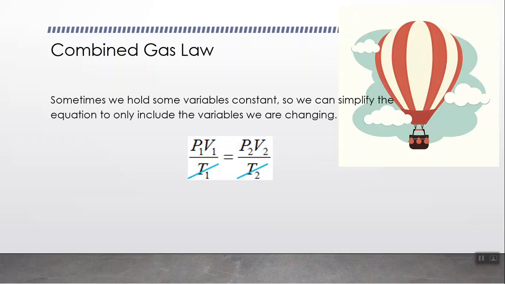So if we were to keep temperature constant, we would just look at pressure and volume and see what kind of relationship that is. We can keep pressure constant and look at volume and temperature, and see what kind of relationship that has. And the last one that we can keep constant is volume, and so we would look at pressure and temperature. And this is what we're going to look at next.